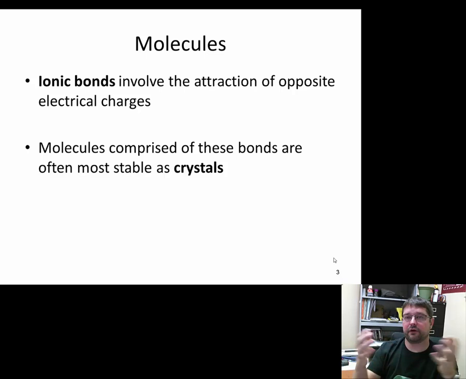That's where the opposite electrical charges come into play, and they're attracted to each other. When they're most stable, they're often in a crystallized form. So things that form crystals are often, not always, the result of ionic bonds.